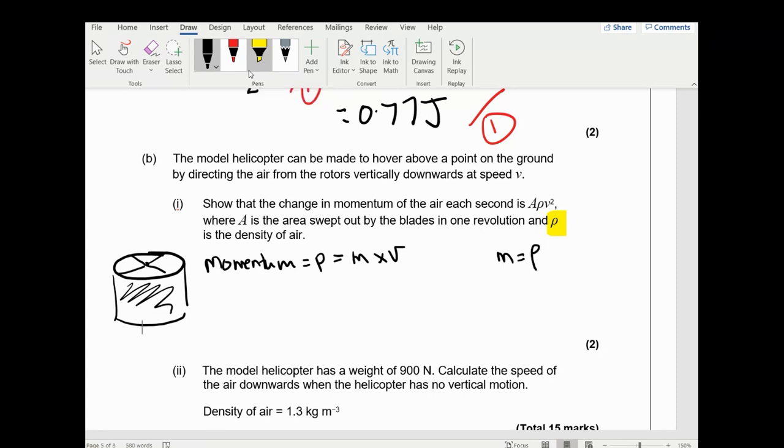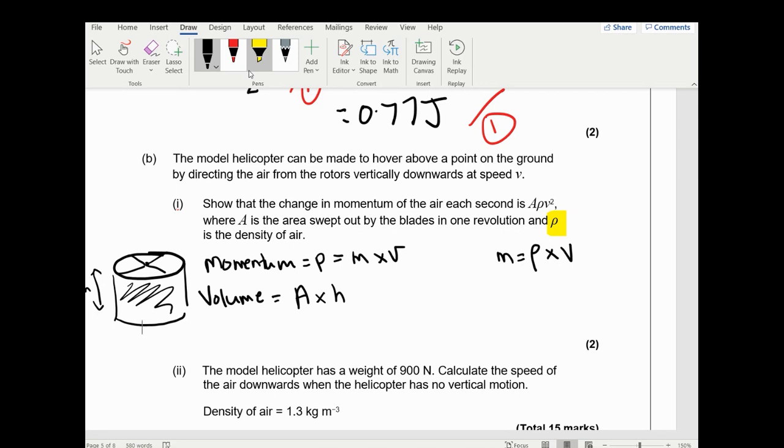So mass is going to be rho times by V. Okay, and be aware that I'm using 2 different V's here. I've got velocity there. Now, V is the volume. The volume of this object here is going to be the cross-sectional area A times by the height.